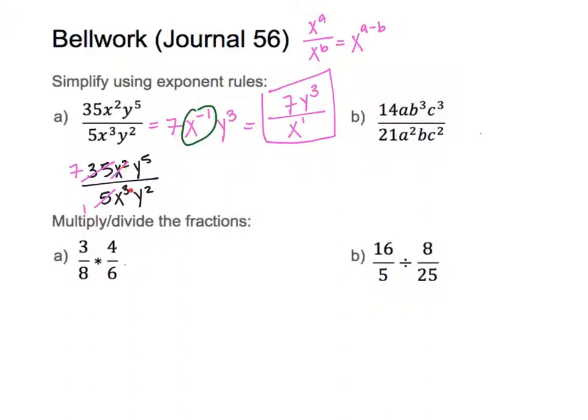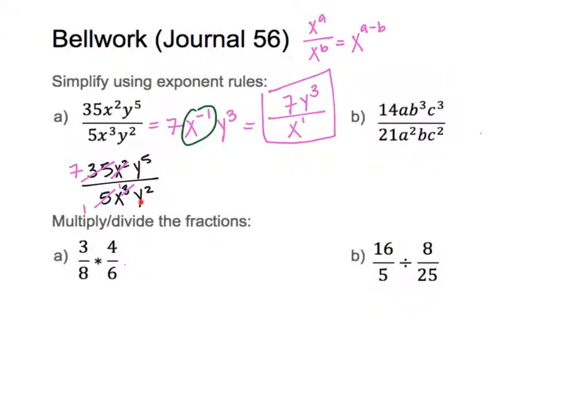In other words, I have to subtract this exponent by 2. So 3 minus 2 gives me a power of 1. So instead of writing a 3 as the exponent, this is now x to the 1st power. So you take your lowest power, cancel that out, and the highest power you'll just subtract whatever the lower power is.